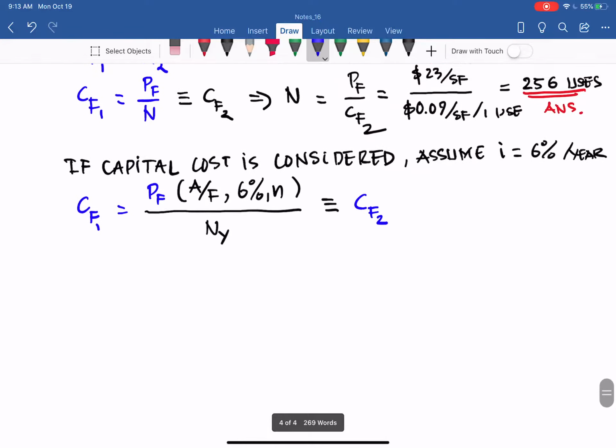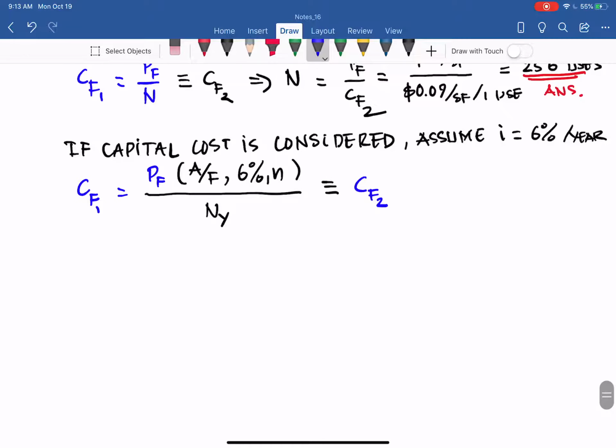So everything is known. We need to find the factor A over P at 6%, and it equals CF2 times NY divided by PF.